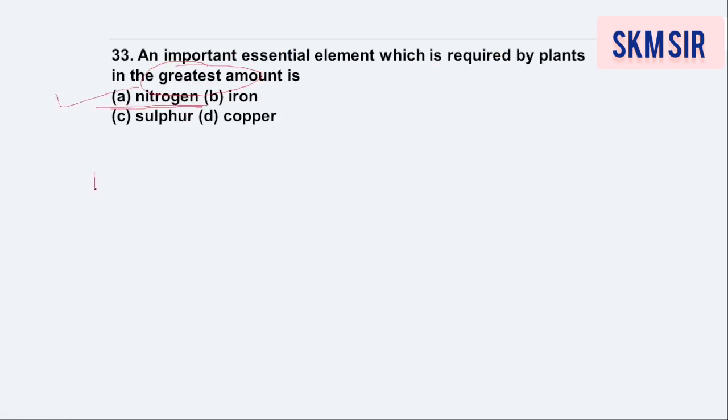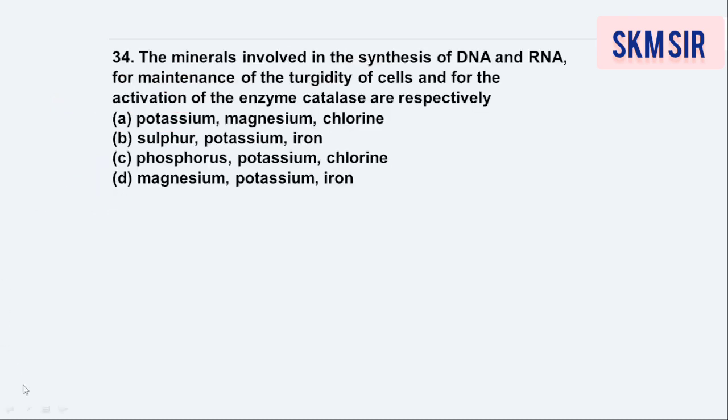It is very important for plant growth and development. The 34th one: the mineral involved in the synthesis of DNA and RNA, for maintenance of turgidity of cells, and for activation of the catalase enzyme. There are three different types of functions, and with each function you need to choose the options.